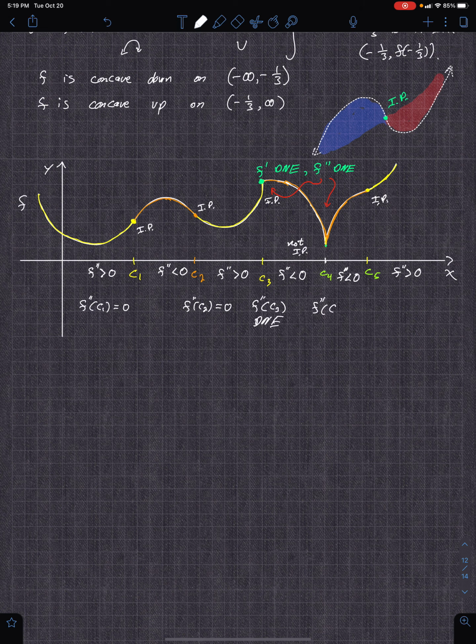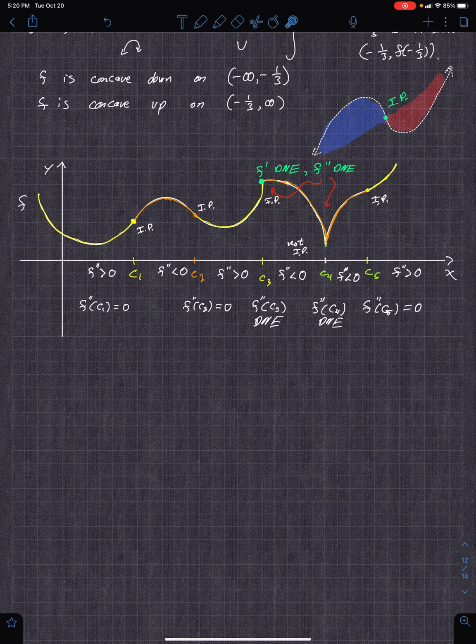F double prime of C4 is another does not exist. And then f double prime of C5 would be equal to 0. So just like the first derivative test, you have to investigate around the point to see if you go from positive to negative or vice versa, from negative to positive. Okay, so that's all about inflection points.